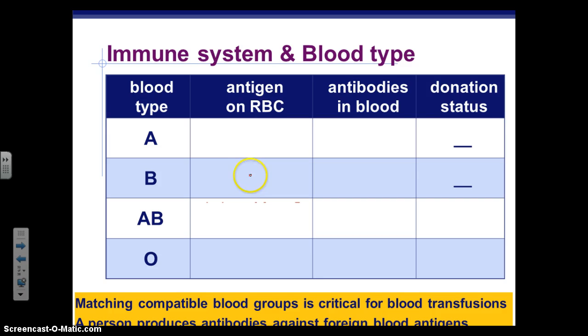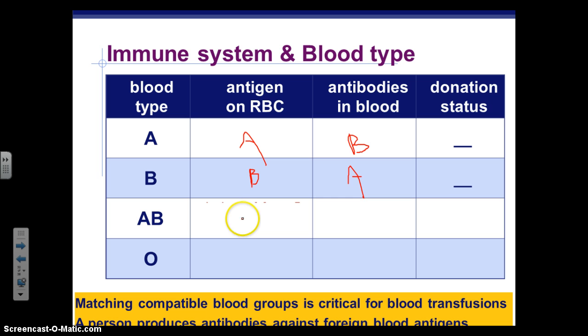So this is an example of antigens and antibodies. We've talked about blood type before. A person who has blood type A has A antigens in the blood, but B antibodies. A person who has type B blood has B antigens and A antibodies.